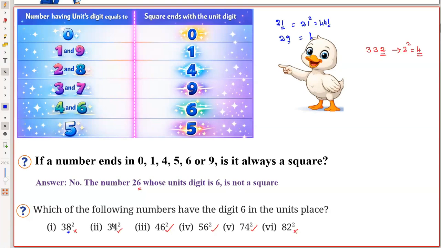So this will not come. 4 square is 16, ending with 6. So this is yes. 6 square is 36, ending with 6. Then 56 square: 6 sixes are 36. 4 fours are 16, yes. 2 twos are 4, this will not come. By using this tabular column, we can identify what digits the number is ending with.